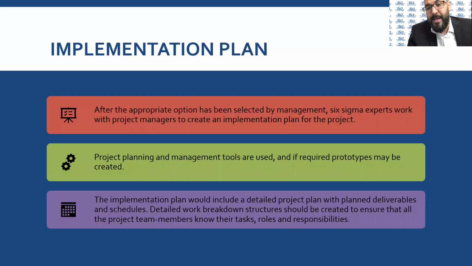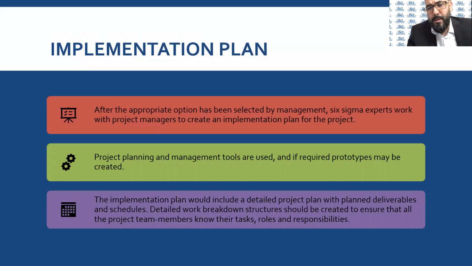Project planning and management tools are used, as we mentioned, like the Gantt chart and responsibilities matrix. Maybe you have to have some prototype or trial run for your solution. You can do that. Number 3, the implementation plan would include a detailed project plan with planned deliverables and schedule. So you have to have a schedule.